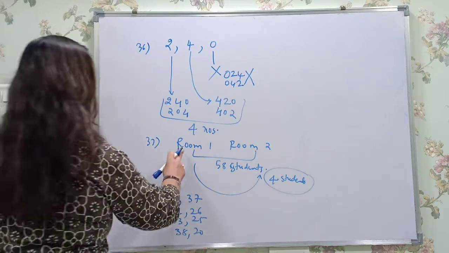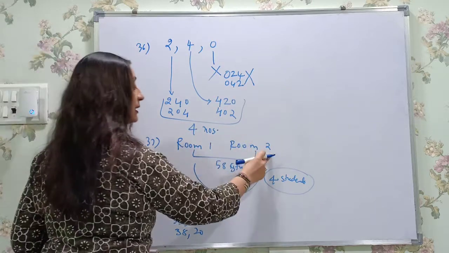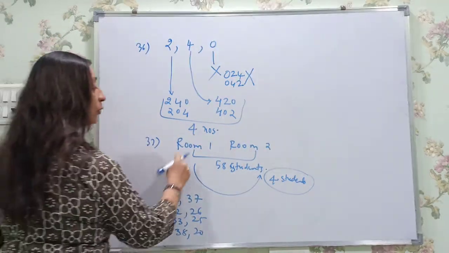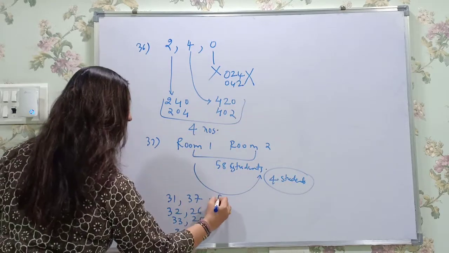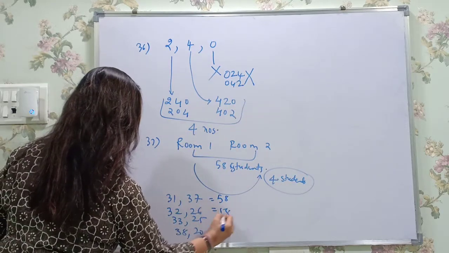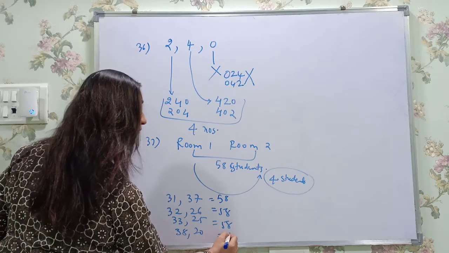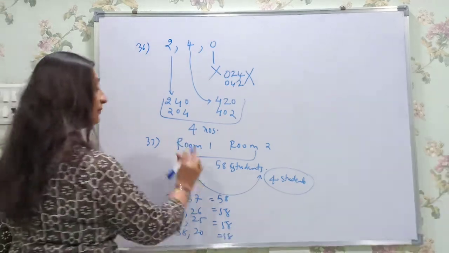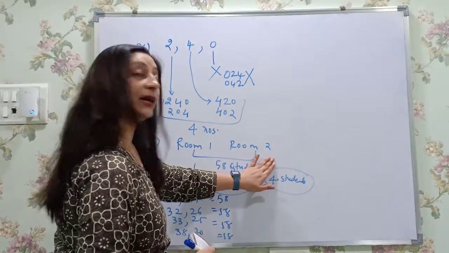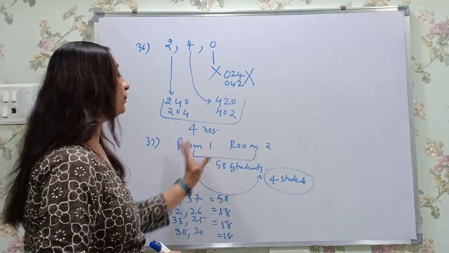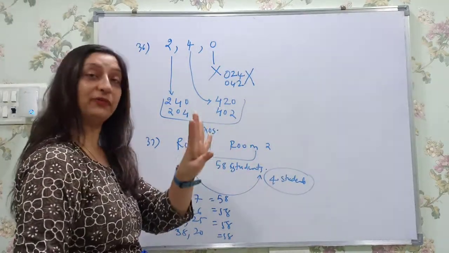Okay? Now, here if 37 is here, 31 is here. So when 4 go from here to here, see, the sum is everywhere 58. But the difference should be of 4, right? 4 from here went here, so between the students in both rooms there is a difference of 4.